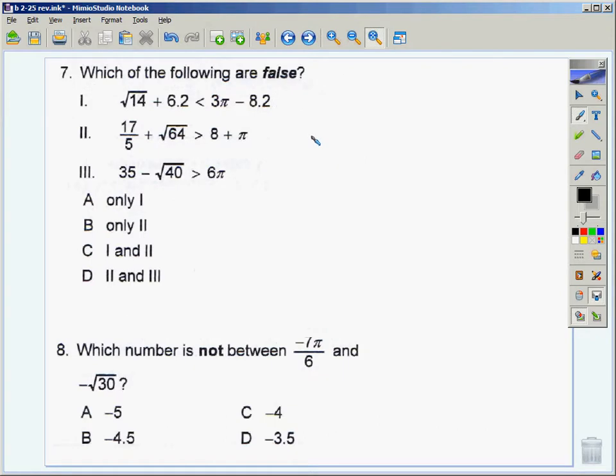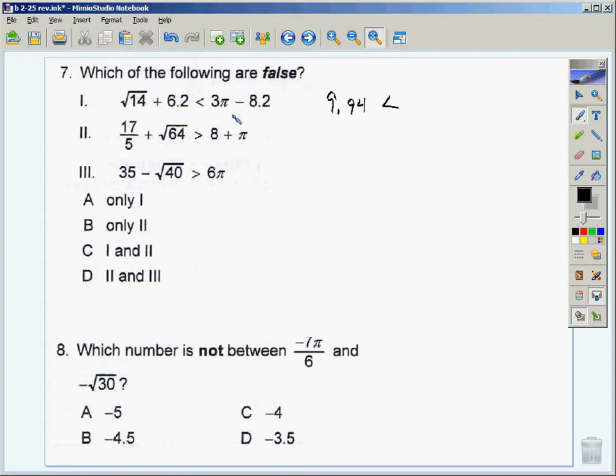Number 7. When you're working this one out, this is just a calculator problem. If you punch in the square root of 14 plus 6.2, that is approximately 9.94.